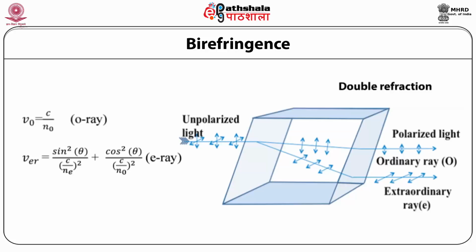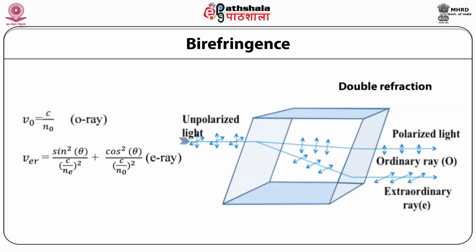Figure 5 represents the schematic diagram for the polarization of light by double refraction. The appearance of two beams is due to double refraction, and a crystal like calcite is referred to as a double refracting crystal. The velocity of the O ray is the same in all directions.